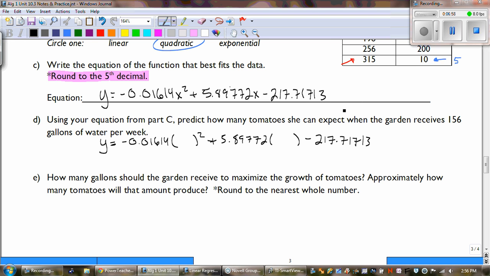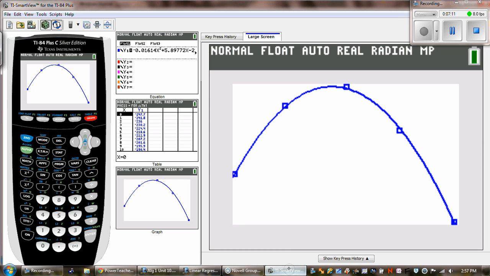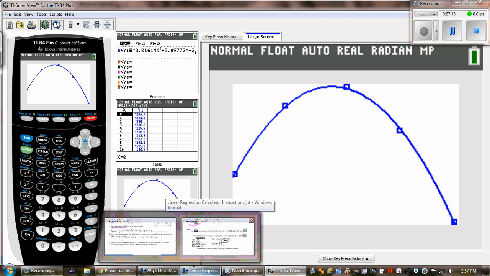Okay, so I'm going to plug in 156. And let's find out, what do we get? So you guys can do that on your calculators. Okay, go ahead and pause the video and try it.